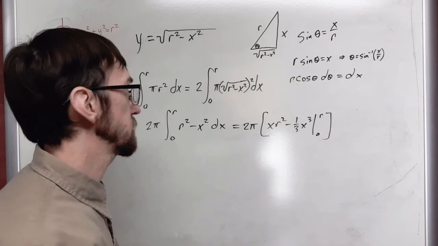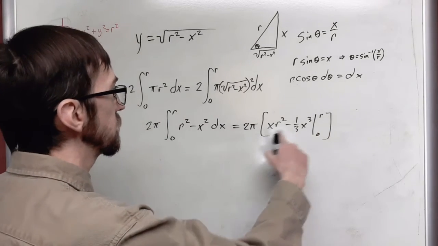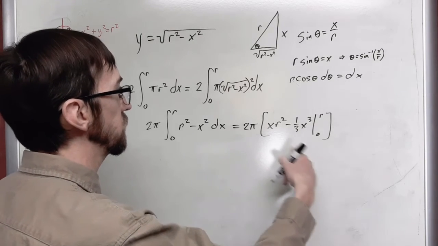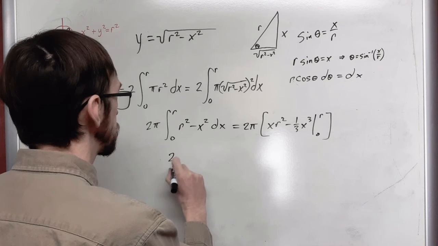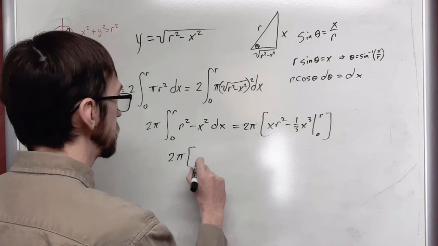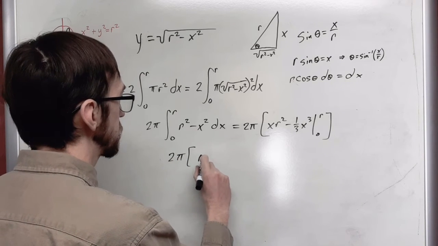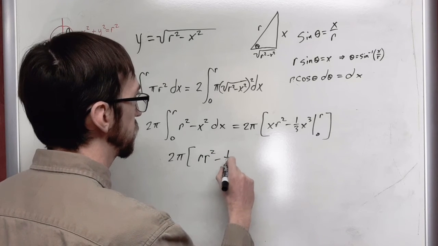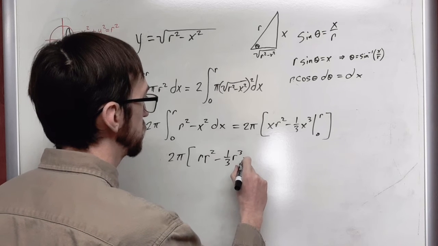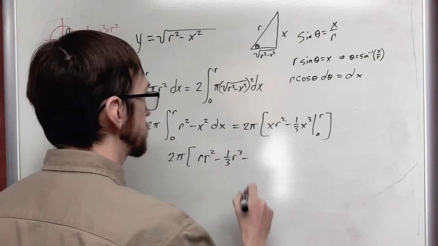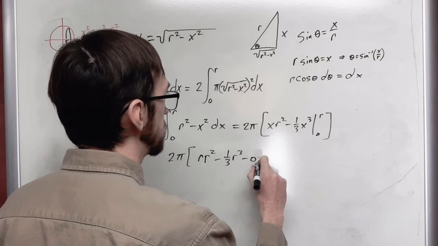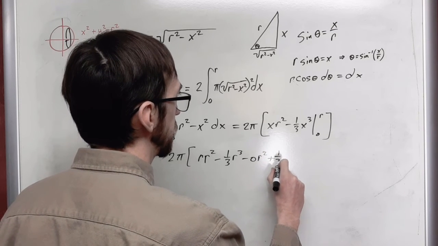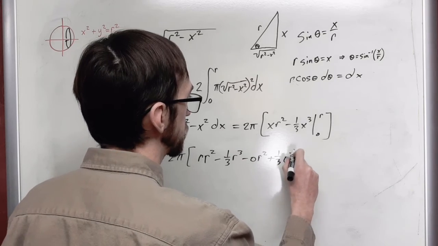So again, we just put in our substitution here, so these x's are going to be replaced with r in the first part and 0 in the second part, so we end up with 2 pi times r squared minus 1/3 r cubed minus 0 times r squared plus 1/3 0 cubed.